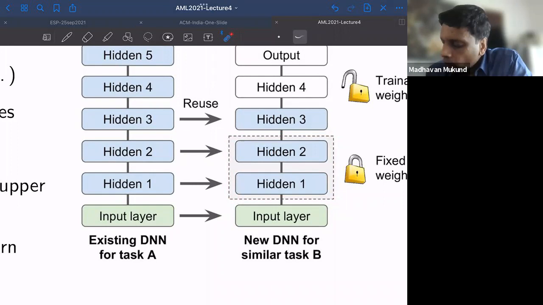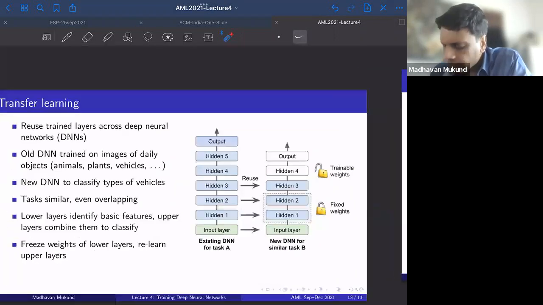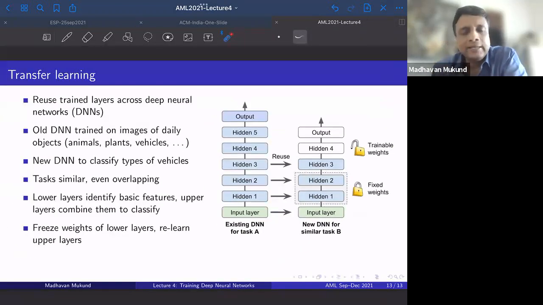And you now build more layers on top of it whose parameters will be trained for this particular task, because those correspond to the actual classification task. So for the upper layers, it makes sense to change them because those are the ones which reinterpret the combination of the lower features. The different things that you're trying to identify, trucks from cars or something like that, might require a different level of discrimination compared to identifying a vehicle from an animal.